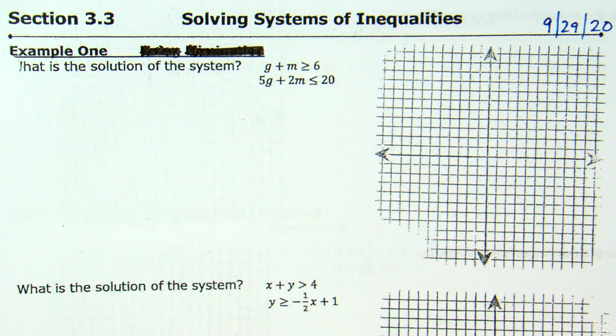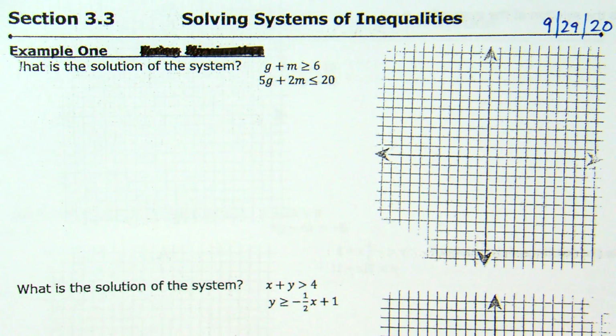As we look at this first example, what is the solution of the system? It says g plus m greater than or equal to 6, 5g plus 2m less than or equal to 20. Can we work with g's and m's if we want to? Yes. What if you don't like those g's and m's? Can you change those over to x and y for your own personal benefit?